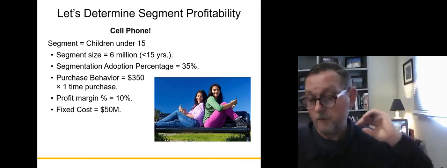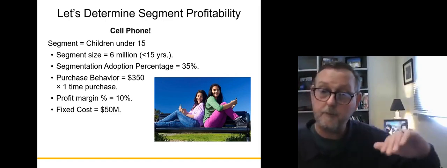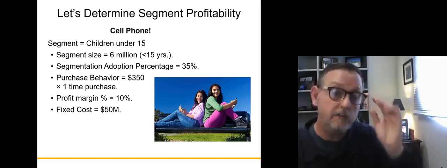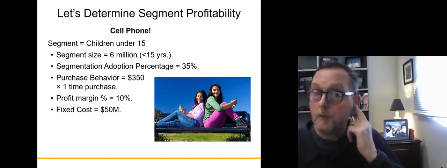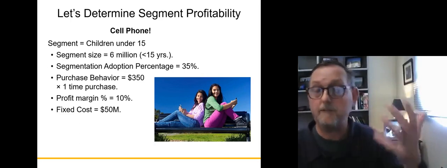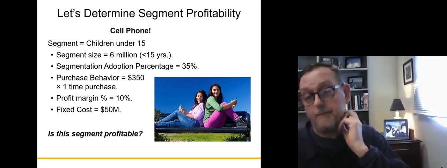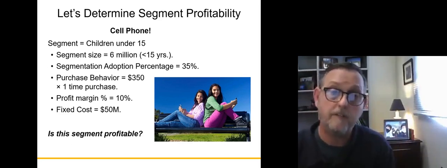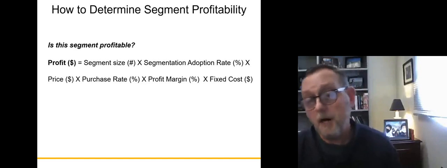Okay, fixed costs, which is something that we have to pay off, are $50 million. These are costs that are not associated to each unit of production. So part of our sales have to contribute to that, right? And then we take this data together, we're going to calculate something called profitability.